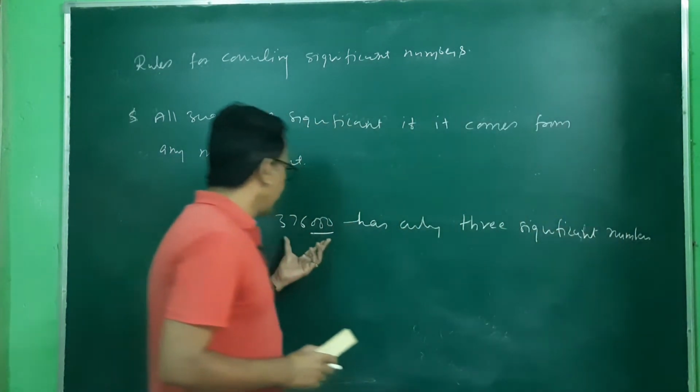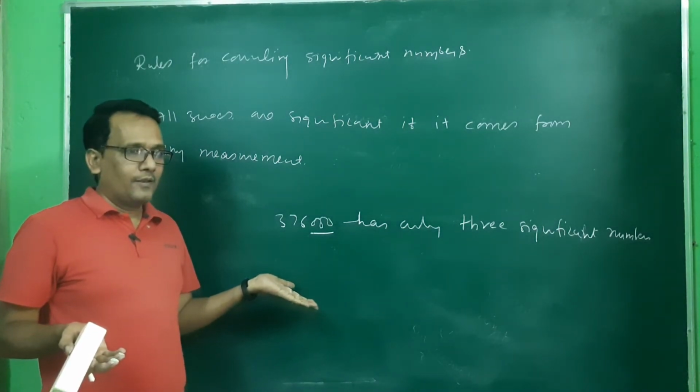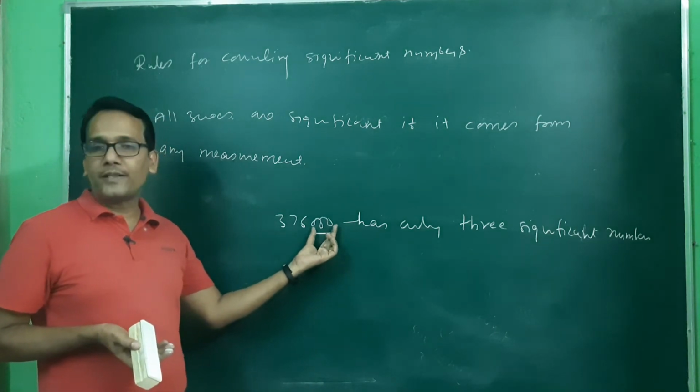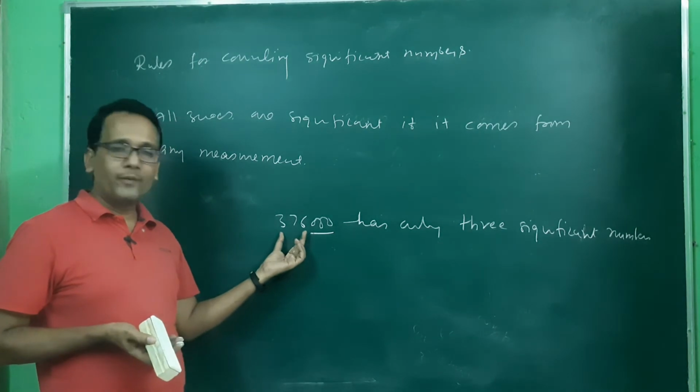There is no unit written here. No unit, just a digit. If this is only the digits, then these 3 zeros are not counted in significant digits. Only significant numbers are 3.